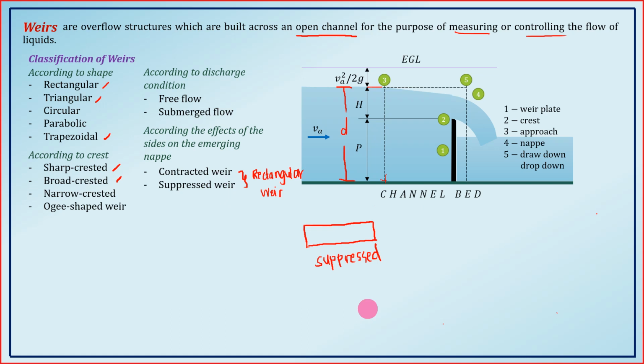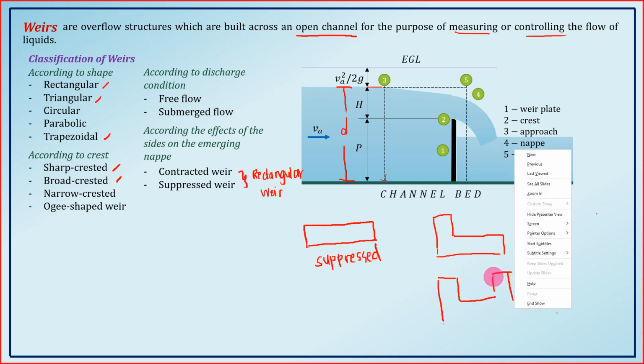So, may iba't iba tong mga equations na ginagamit. When we say contracted weir, we have sides pa dito. So, drawing natin, we have ganitong type ng contracted weir, wherein may isa lang siyang leg. Yung isa naman, magkabilaan. Pareho naman to na contracted weir.